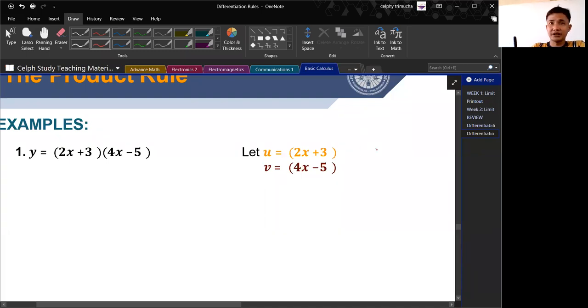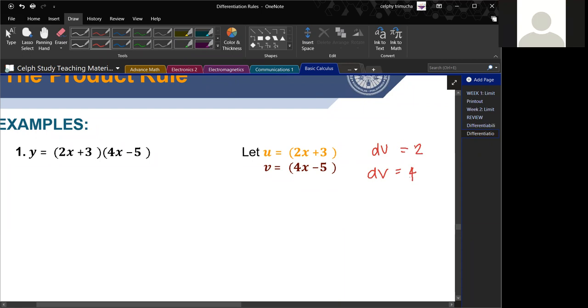So pangitaon naton ang du and aton nga dv. Aton du will be 2 na lang, derivative ng 2x is 2. Derivative ng 4x is 4 na lang. So perform natin dayon, substitute lang sa u dv plus v du.